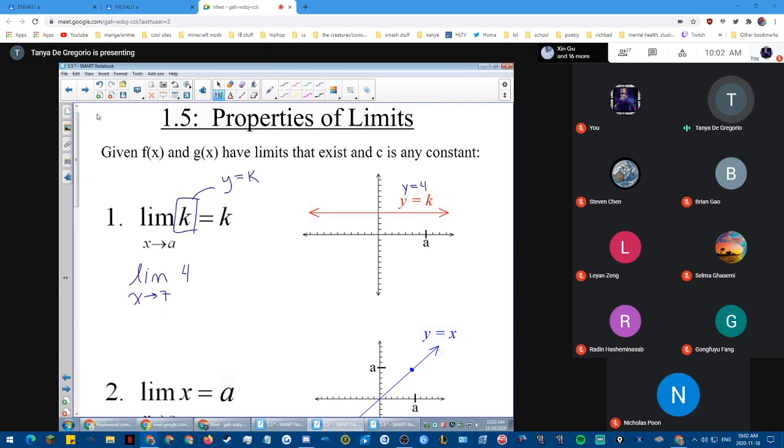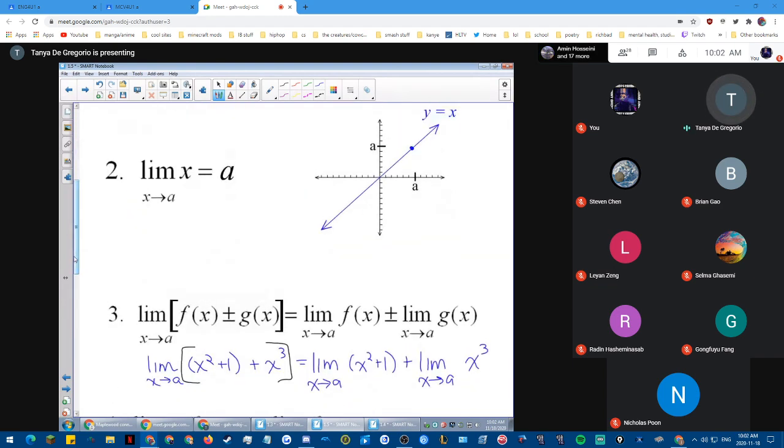But that's just a horizontal line. So we know that the height of that function is always just 4. And so the limit is just going to equal 4. Okay? So when evaluating constants, just keep in mind it's always a horizontal line, and so it's always just going to equal 4.